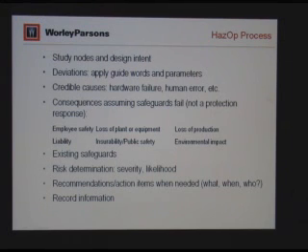And once you define the study nodes, you need to find the design intent for that study node as well. And then we're going to study the deviations from the design intent, by using the guide words and the parameters.